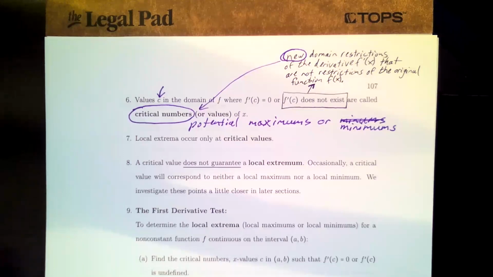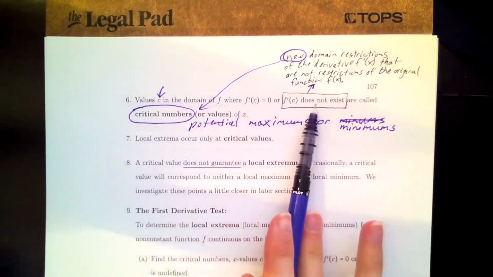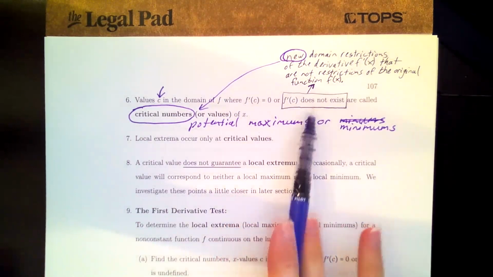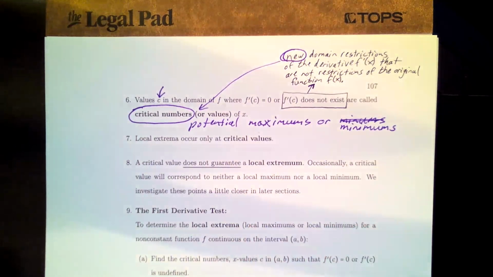We don't know. But if we're going to find what those potential max and min points are, you either have to find where the derivative is 0 or new domain restrictions of your derivative. And don't worry, I'm kind of over explaining everything. We'll practice this. You'll see what I mean.